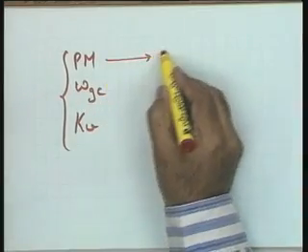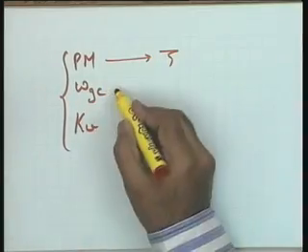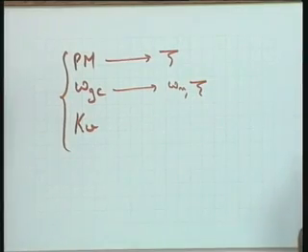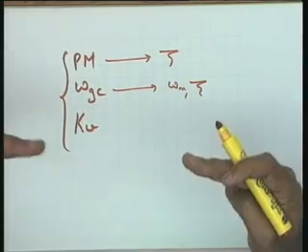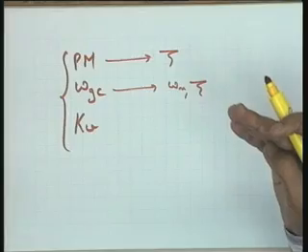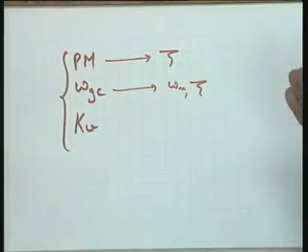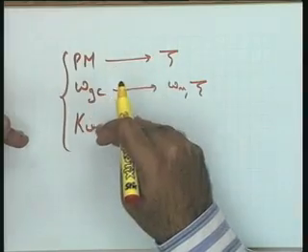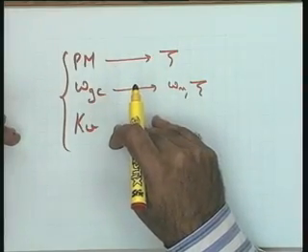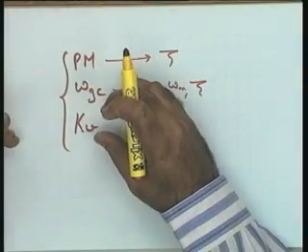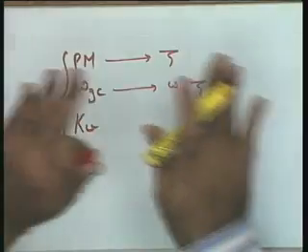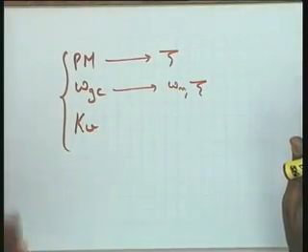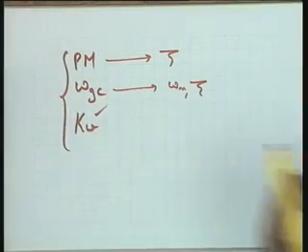Phase margin is indicative of zeta, and omega gc is indicative of omega n zeta. So both the requirements of relative stability and speed of response can be translated in terms of phase margin and gain crossover frequency, and this design can be carried out on the Bode plot using the open loop frequency response data. Kv of course can be checked.